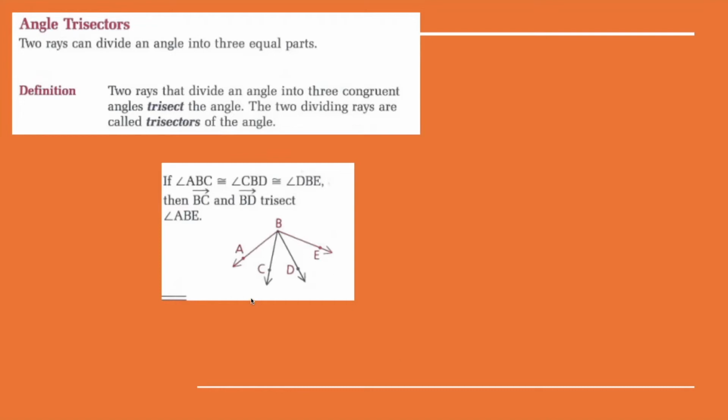As you can see, we have ray BC and ray BD, which are depicted in black, trisecting angle ABE because they go through the middle and split it up into three congruent angles. First, we have congruent angle ABC, then CBD, and then DBE, which are all congruent.